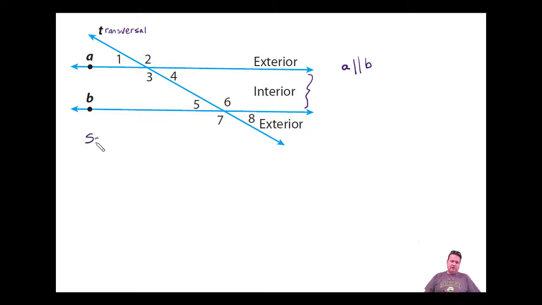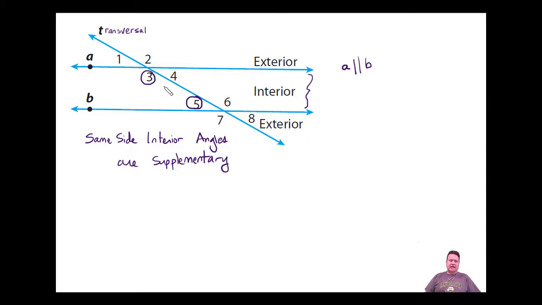Now we have 4 big ideas when we have parallel lines, and the first one is this. The first one is same side interior angles are supplementary. Now, in the last lesson, we learned that supplementary means they add up to 180 degrees. Same side interior angles are angles like this one, 3 and 5.